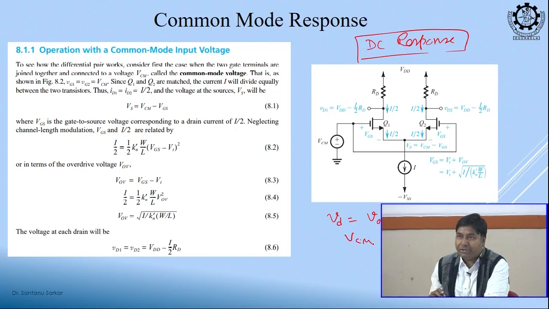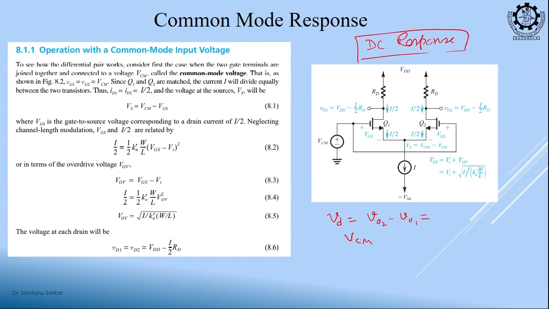Suppose you have applied VCM to both of the gates, what will be your output voltage VD? If you apply the same voltage, VO1 and VO2 should also be the same. So, what should be VD? 0. So, if you apply DC voltage, the differential output is 0 because they are the same.